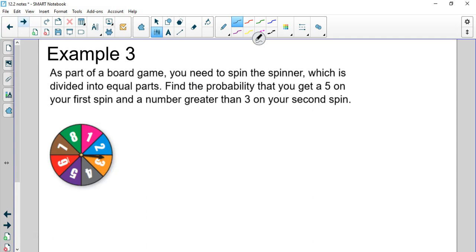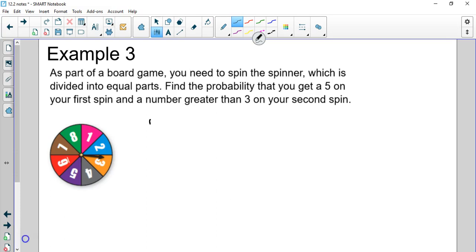Okay, as part of a board game, you need to spin the spinner, which is divided into equal parts. Find the probability you get a 5 on the first spin and a number greater than 3 on your second spin. Now, this is just a regular old independent event again because we're not ruling out anything given the first spin. So our first spin, what are the chances of getting a 5 in your first spin?